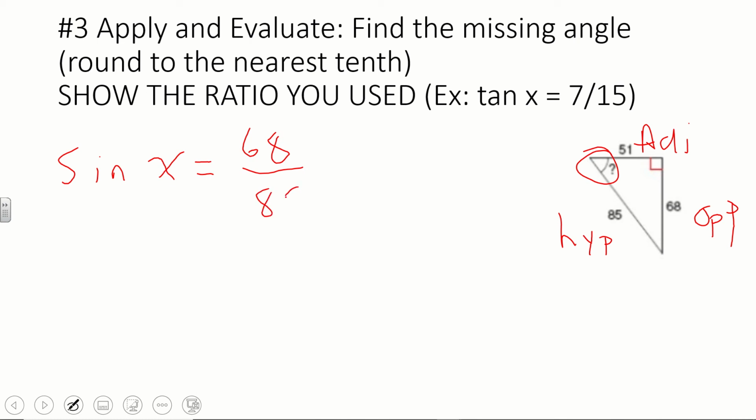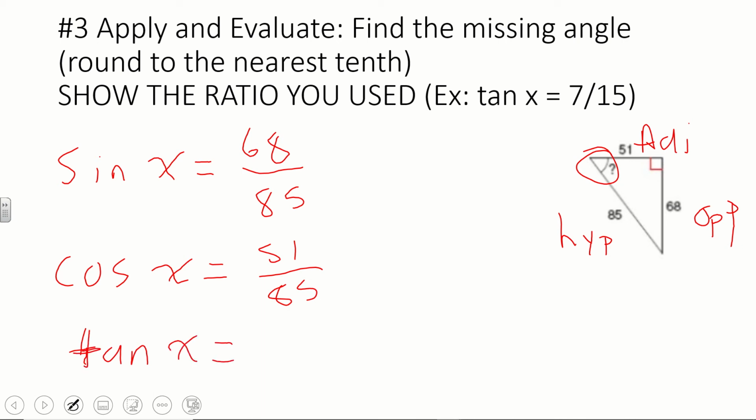68 over 85. If you were to use cosine, you would use the adjacent 51 over the hypotenuse, which is 85. And the tangent is going to be opposite over adjacent, so 68 over 51. So to find the missing angle, I need to do inverse trig.